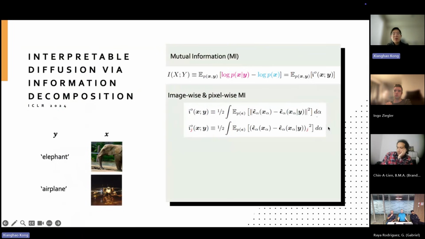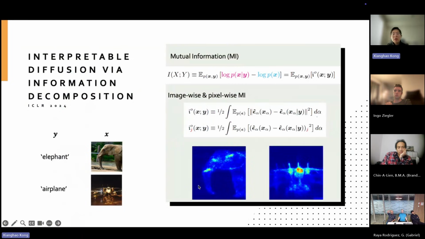And another is that we can calculate the mutual information between specific pixels and the label Y. That's the pixel-wise mutual information. To visualize it, we can see that it clearly highlights the elephant pixels in the elephant image, and also the airplane pixels in the airplane image.